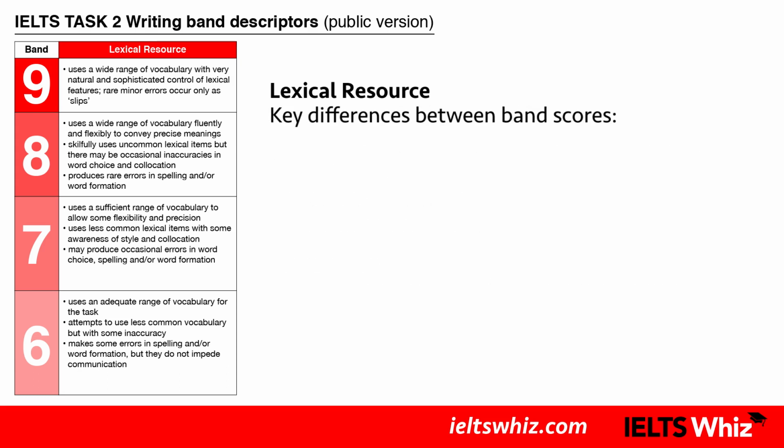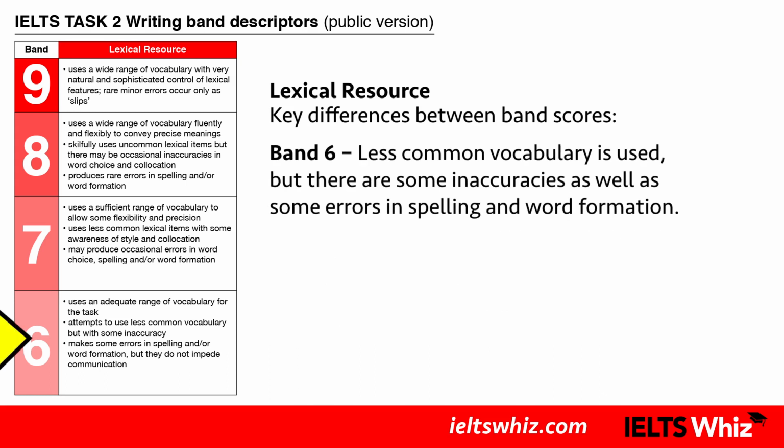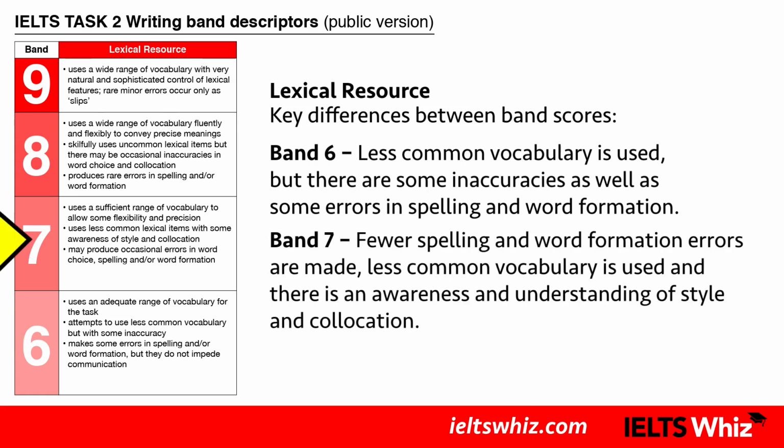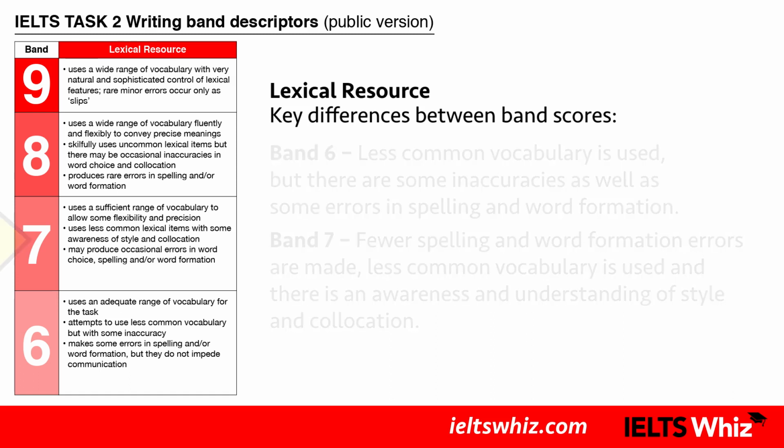The key differences between the band scores are: for Band 6, less common vocabulary is used, but there are some inaccuracies as well as some errors in spelling and word formation. For Band 7, fewer spelling and word formation errors are made, less common vocabulary is used, and there is an awareness and understanding of style and collocation.